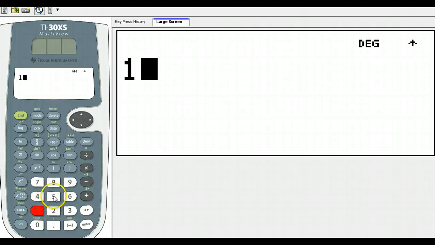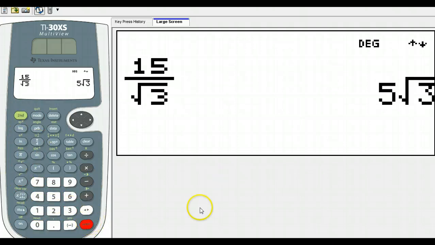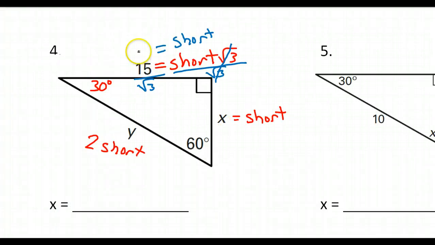That's 5 radical 3. So the short leg is 5 radical 3. Okay, that's good to know.